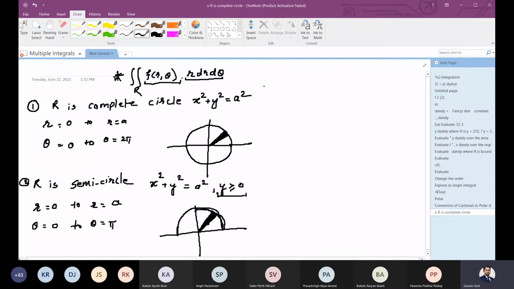Third one is quite interesting, and R is the complete circle x square plus y square equal to 2ax.